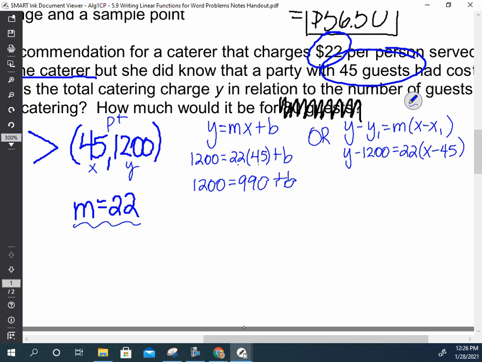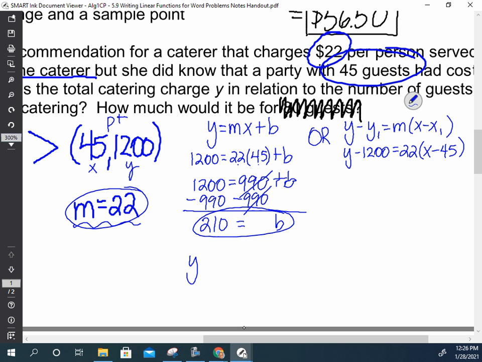So if I want to get b by itself, subtract 990 on both sides. So b is equal to 210. So you have your slope and you have your y-intercept. Y equals 22x plus 210. There's your equation.